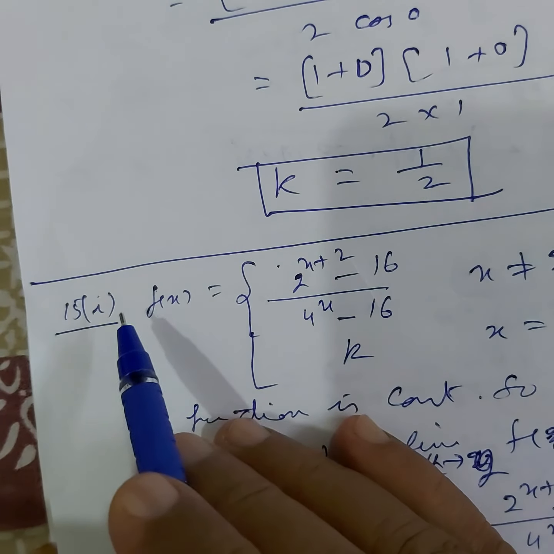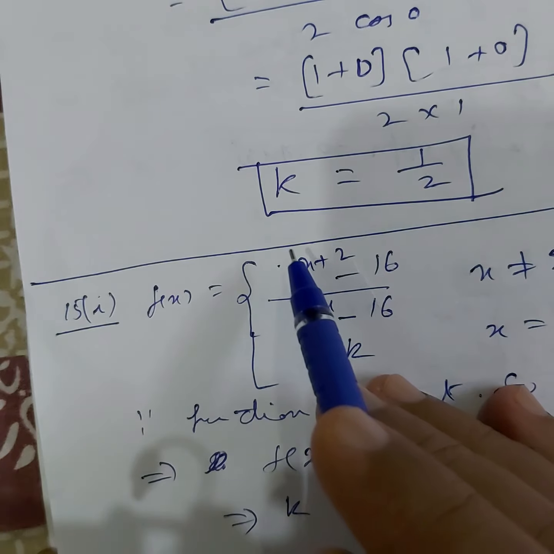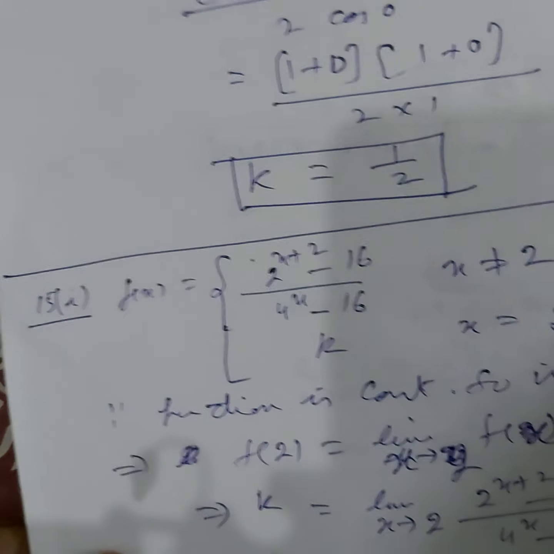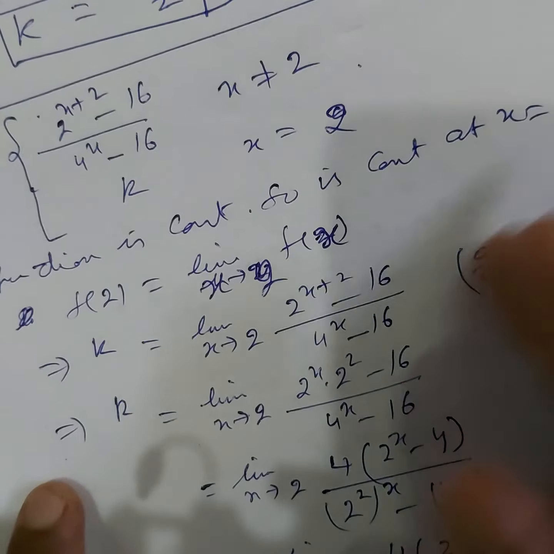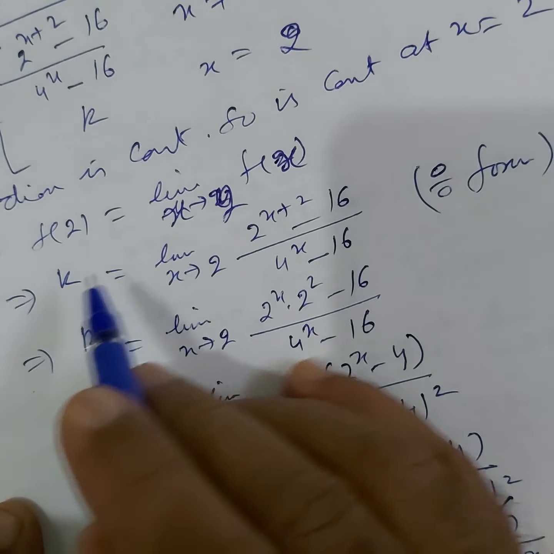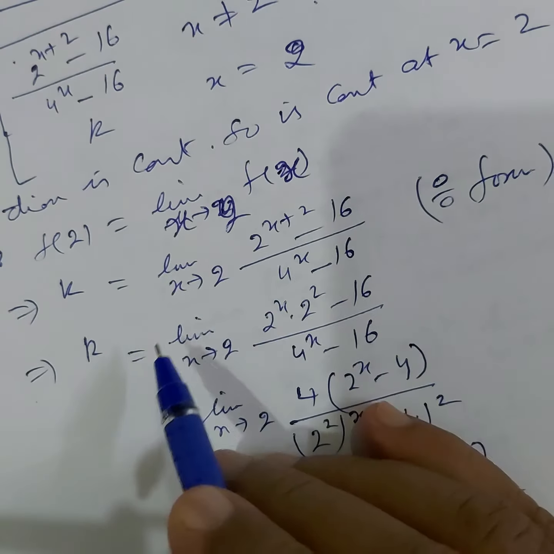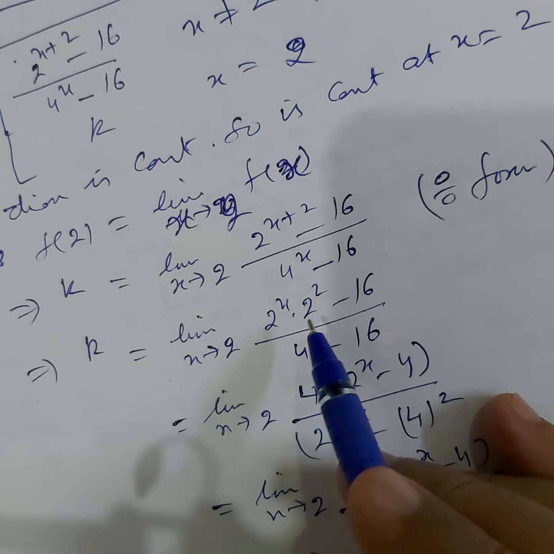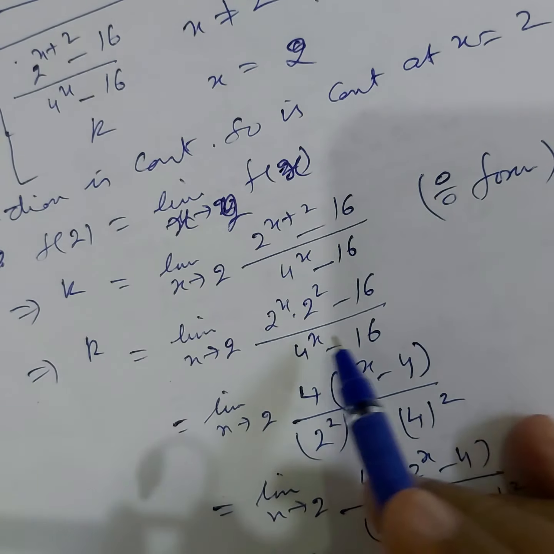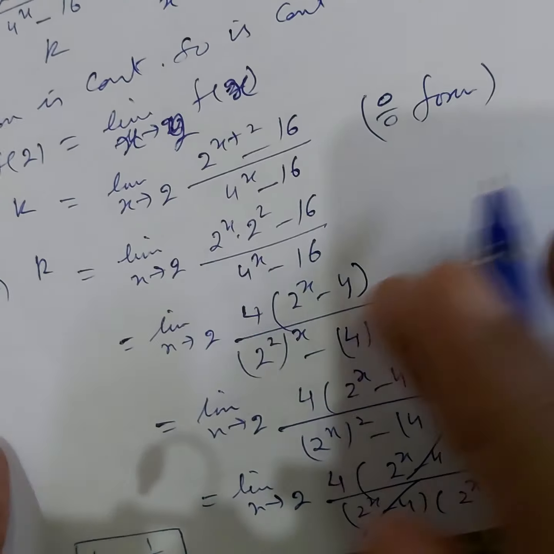Now next, 15i, f(x) is equal to 2 to the power x plus 2 minus 16 upon this. Now the function is continuous at x equal to 2, so f(2) is equal to the limit value. Now this can be written by breaking up as 2 to the power x into 2 to the power 2 minus 16, 4 raised to power x minus 16.